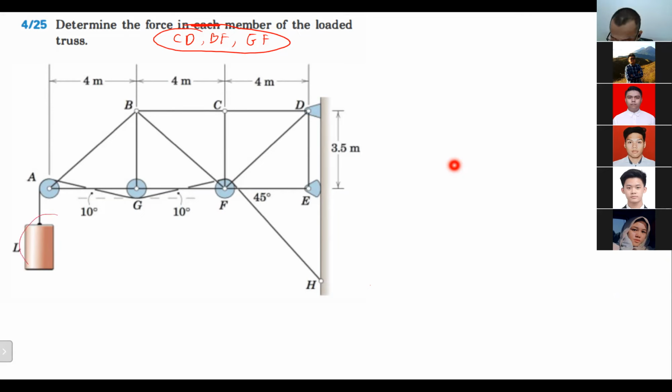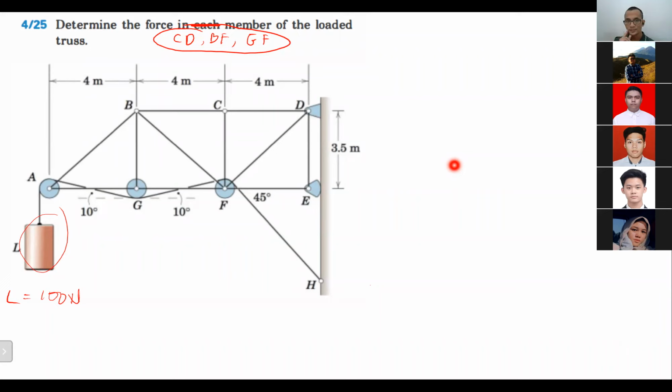You can see here there is an external force L there. We can assume L is equal to 100 Newton. Then what are the forces happening at pin A?